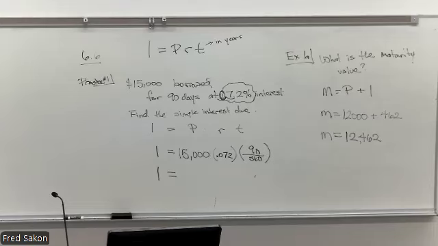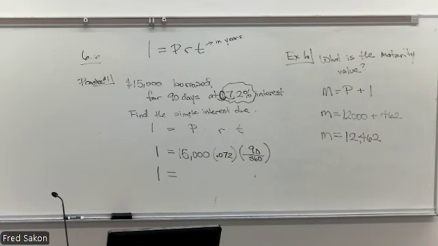See that first part again. 90 divided by 360. And then you did times 0.072. Good.